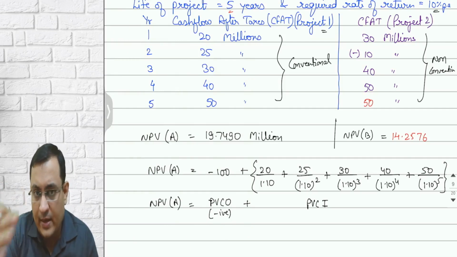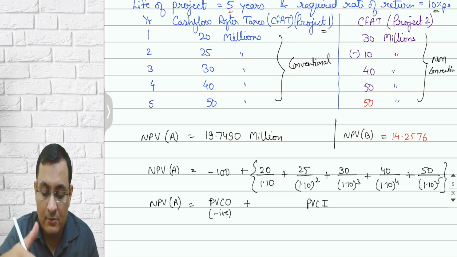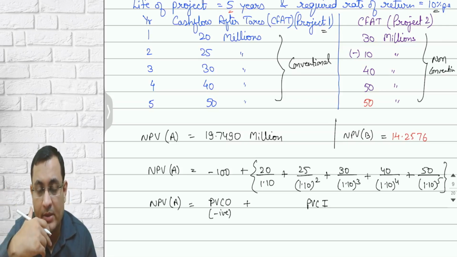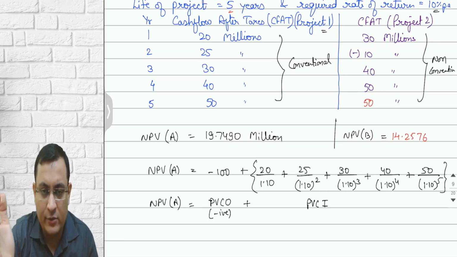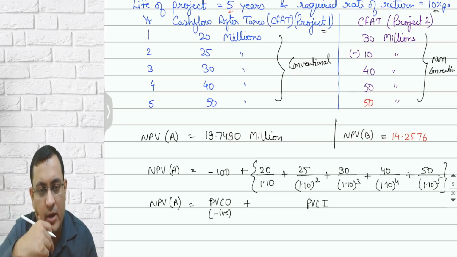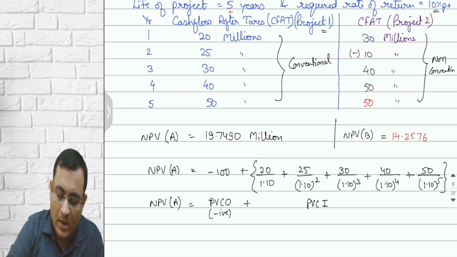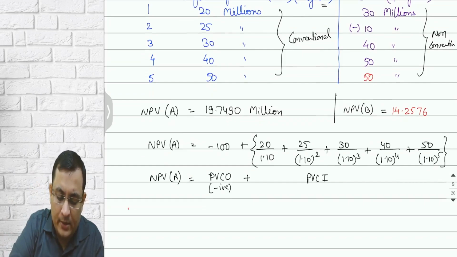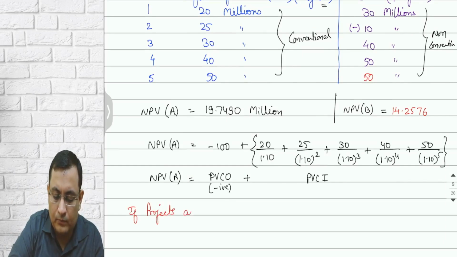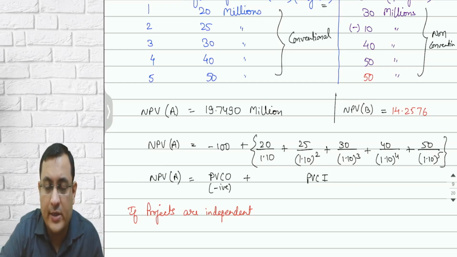Now, if these are mutually exclusive projects, first, both are generating positive NPV. So in isolation, individually, they are profitable from the company's point of view. But if both projects are independent, it means selection of one is not rejection of another.